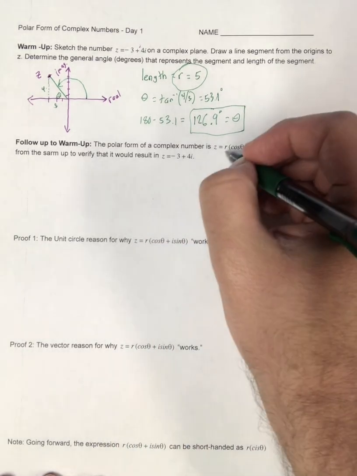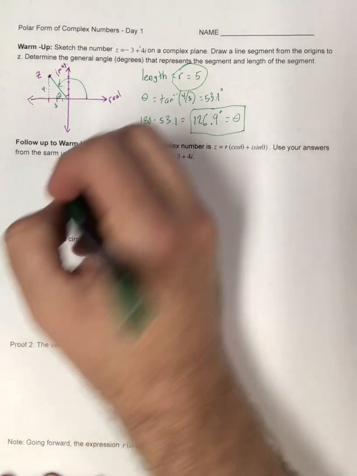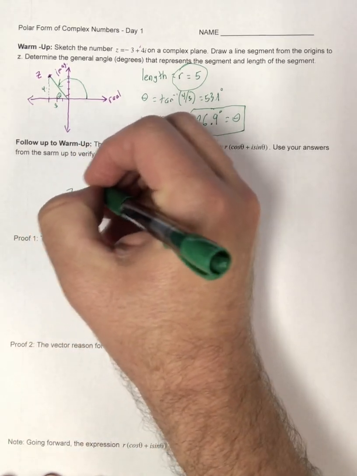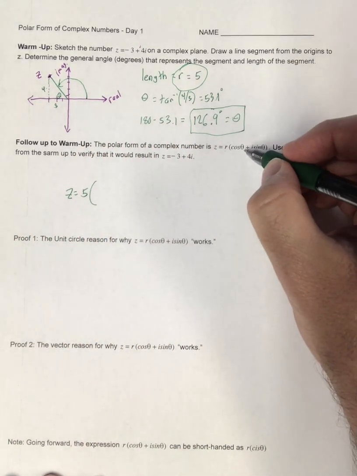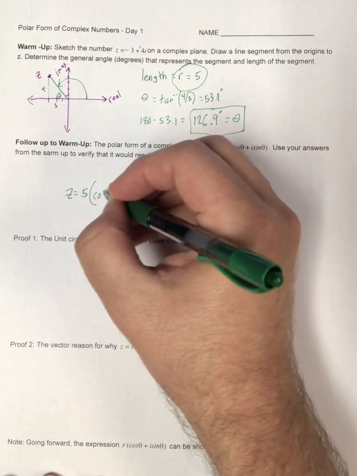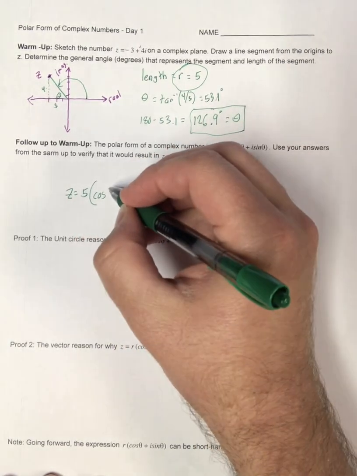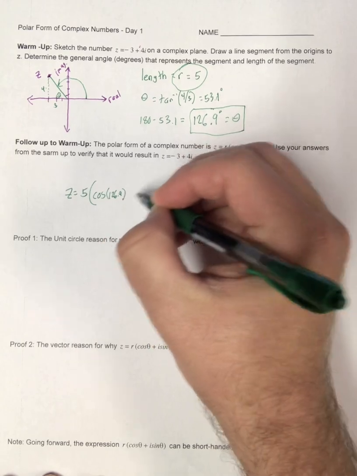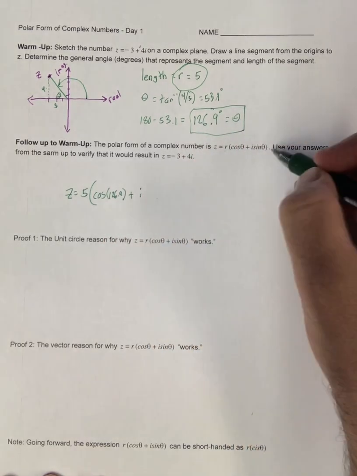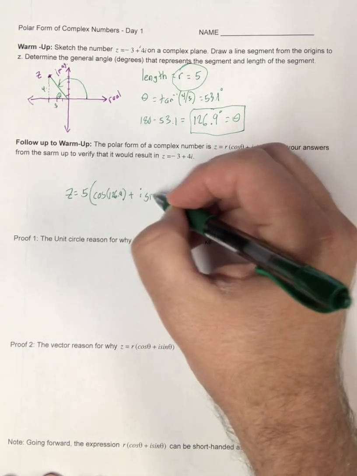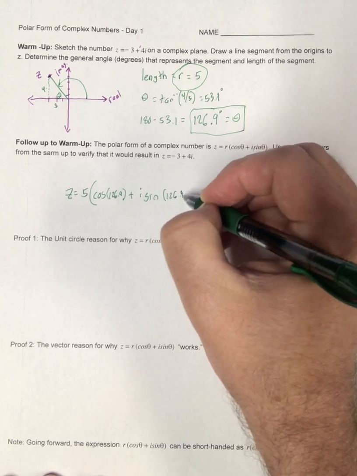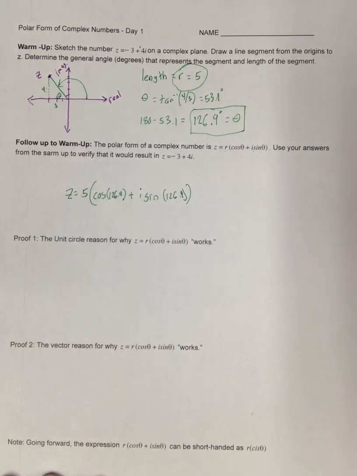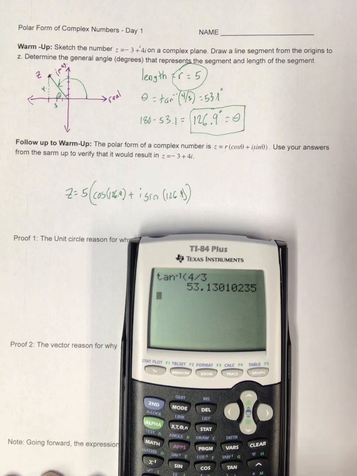So r is 5. Cosine theta, so that would be cosine of 126.9 plus the imaginary number i times sine of 126.9 degrees. Well, let's find out what cosine of 126.9 is.